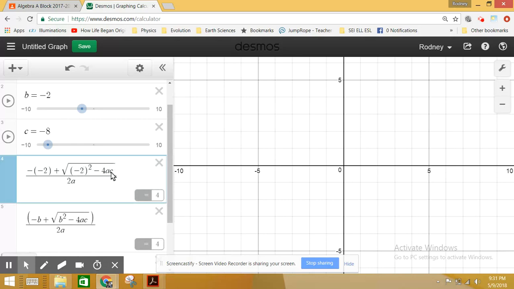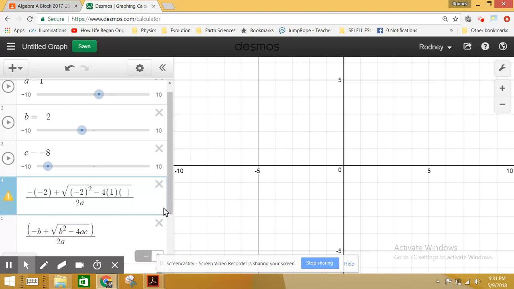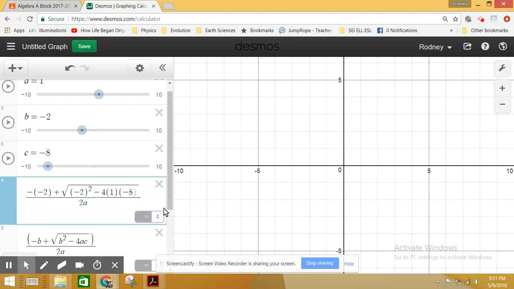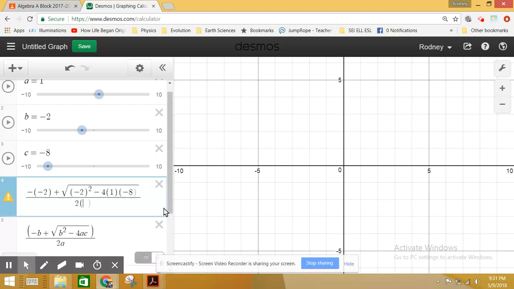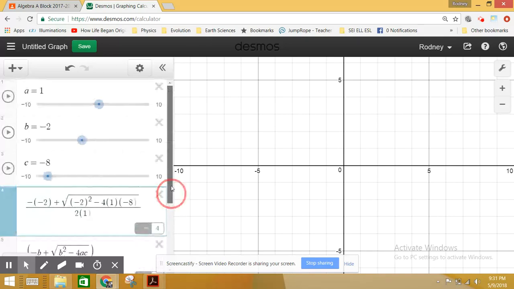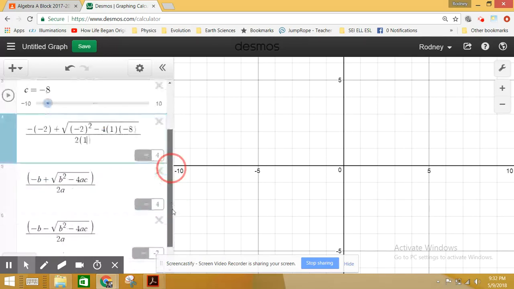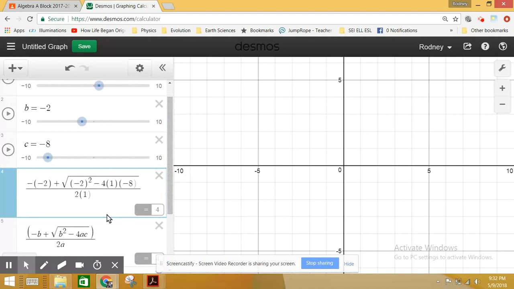I'm going to replace the a and the c with the coefficients I've got. Replace a with 1, and replace c with negative 8. And then down here, I'm replacing a with 1 because that's my coefficient. So I've got all that, and that equals 4, which is what we got with the generalized version.